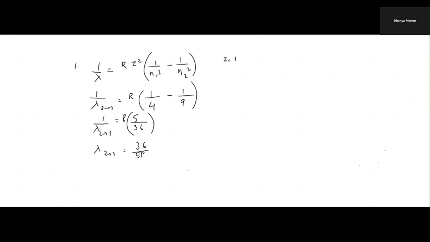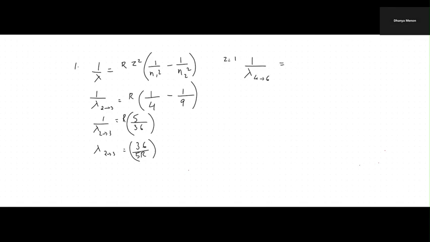Okay, so this is the value of lambda when it is transitioning from second to the third. Now there's yet another value we have to find out so that we can write in the form of ratio. When the electron is transitioning from 4 to 6, we use the same formula.